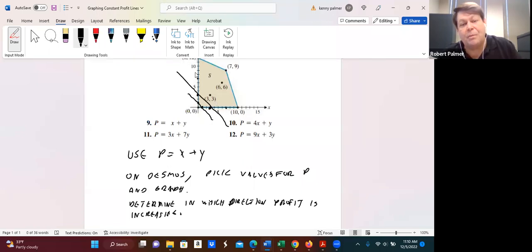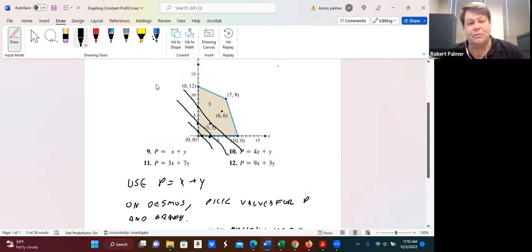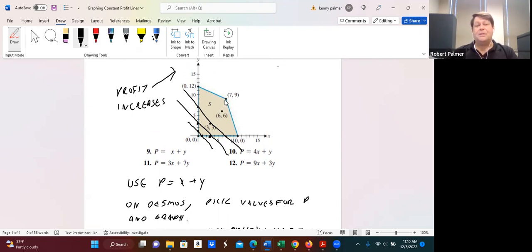These lines should all be parallel to each other. Let me do a better job on that one. They should all be parallel. And what this means, again, is that profit is increasing in this direction. If we keep doing the same pattern, let's do another one, maybe 14.